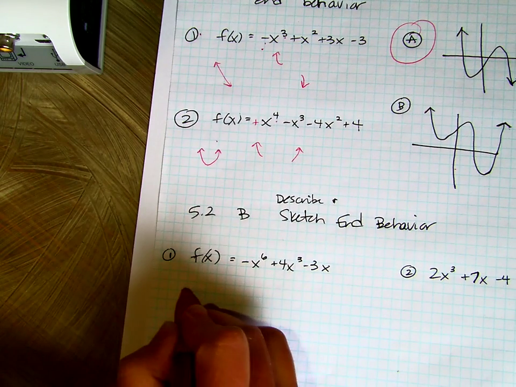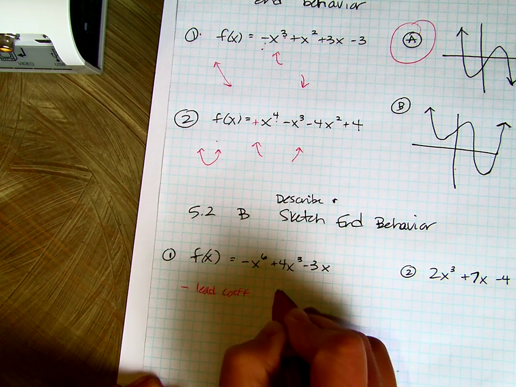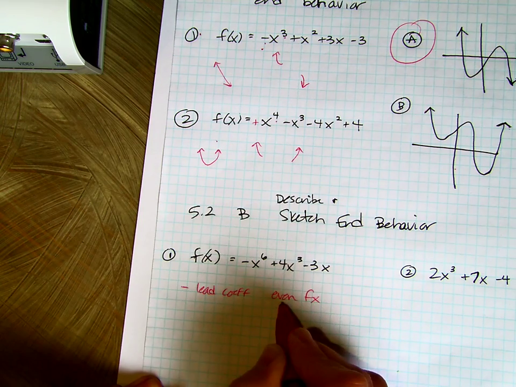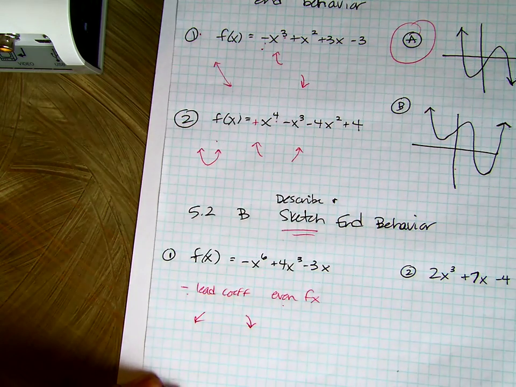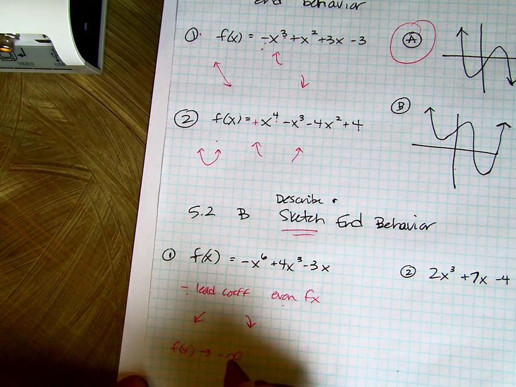So here I go. I have a negative leading coefficient, and I have an even function. If it's even, it's either got to both go up or both go down. In this case, since my leading coefficient is negative, it looks like that. There's my sketch of the end behavior. So what's happening here? The value of my function is going to negative infinity.